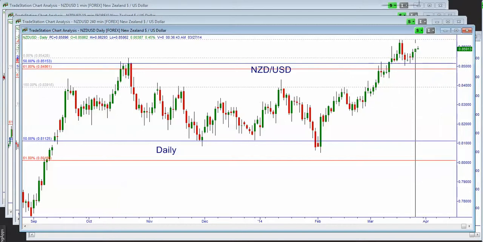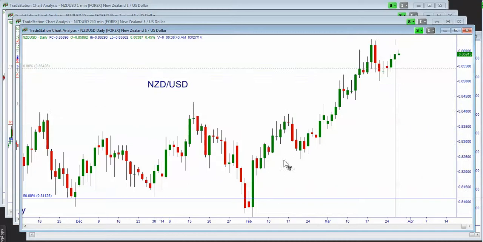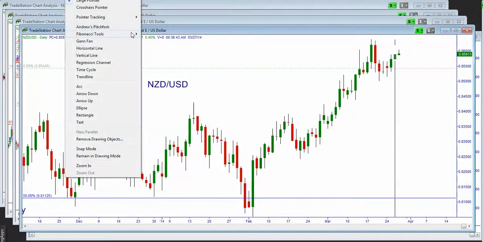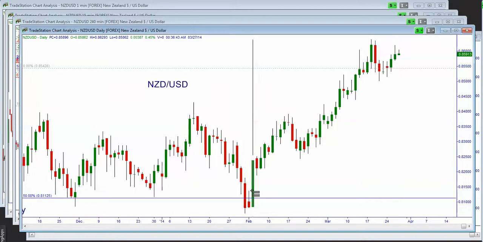Those who follow me know that we identified this level of support 085.15 2 days in advance, and this is the result of a sequence of measure moves. The first one was an extension from highs to highs, which was identified after the fact.